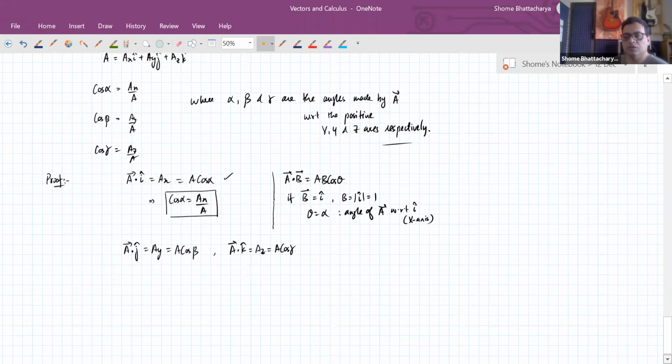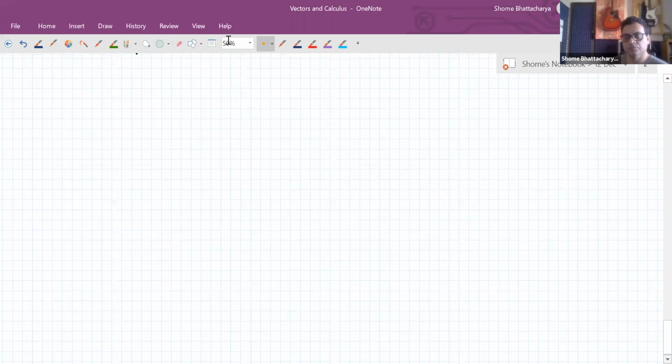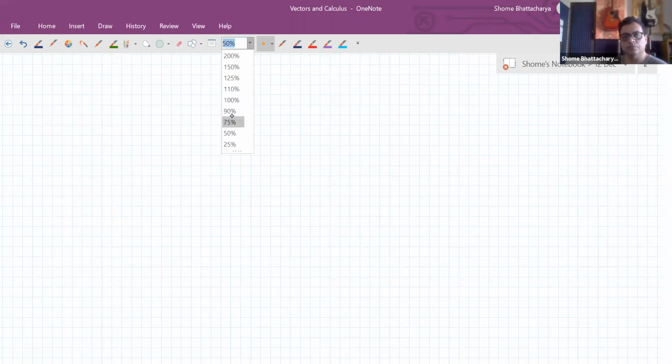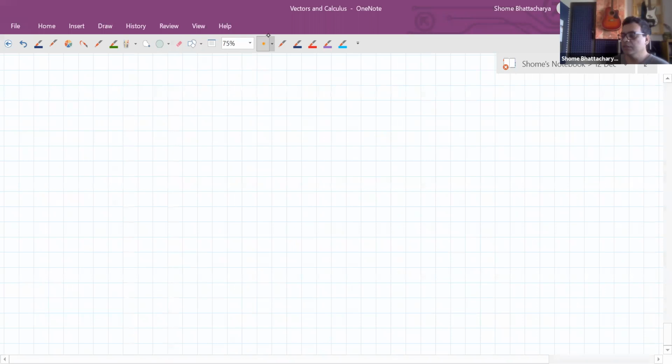So that is about scalar product or dot product. Now next thing we will look at is the cross product. The next type of operation we look at is cross product of two vectors, also known as the vector product.